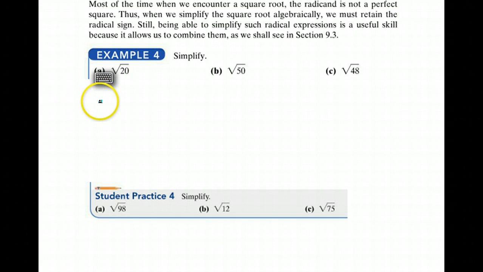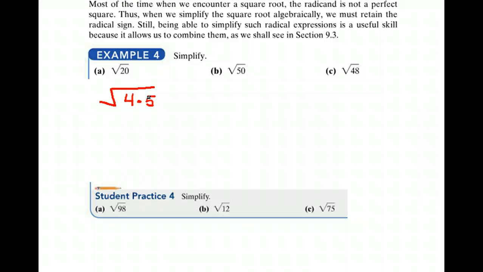I would look at that and say, ooh, I can break 20 up into 4 times 5. Underneath that radical, I have not changed the value, because if I put it back together, it still equals 20. 4 times 5 makes 20. All I've done at this point is break it into the factors that multiplied together to make 20.